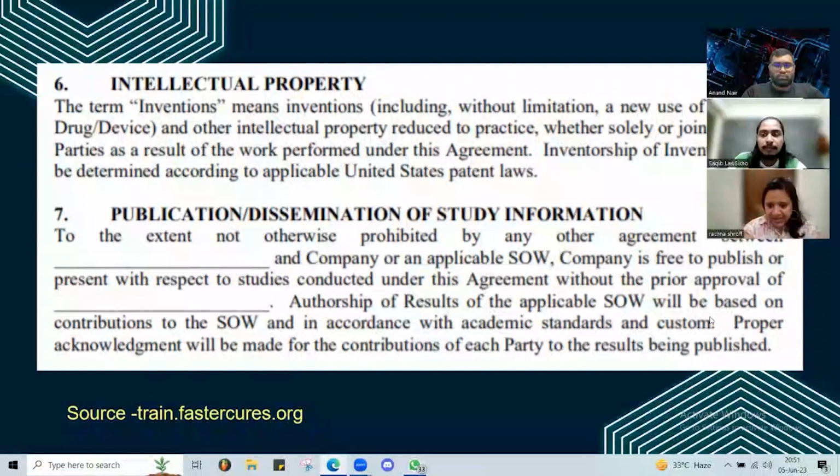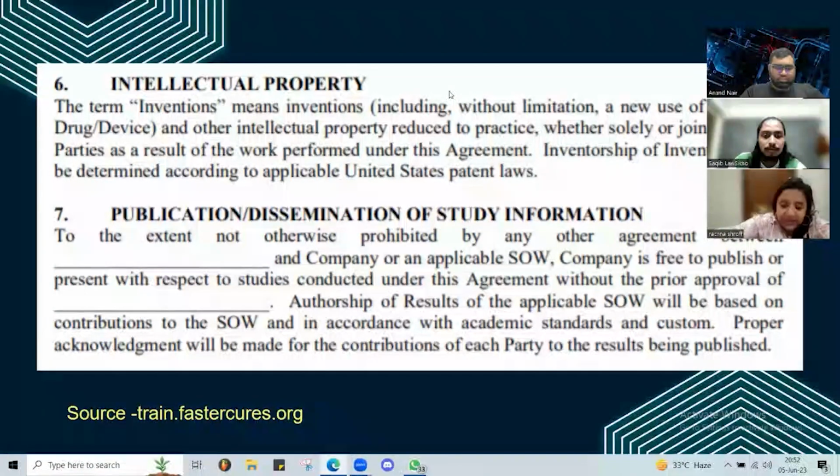And are you getting what I'm trying to say from this point number 7? Just like the person who has been dealing with this publication or dissemination of the study information, making that research, he says, to the extent not otherwise prohibited by any other agreement between the vendor and the company or by the applicable SOW, the company is free to publish or present with respect to studies conducted under this agreement without the prior approval of the vendor. So what is it saying here?